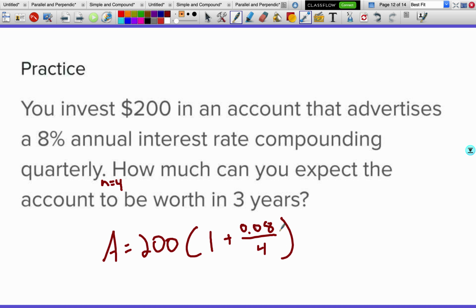So effectively we're taking that 8% and chopping it into 2% increments to be paid out much more frequently. All right, and then it's going to be n times t, so 3 times 4 up here. And what this means is that within 3 years, there will be 12 quarters to compound our interest.